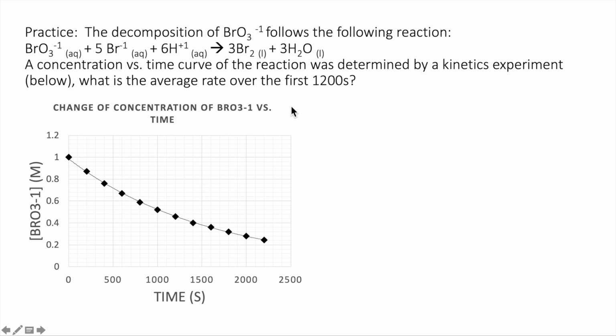A couple of key things here: you're measuring the average rate, and this is the first 1,200 seconds, starting from here, and 1,200 seconds will be right here. So all you're doing is finding the average between those two. You already did a problem similar to this one. Try this one again and see how you do.